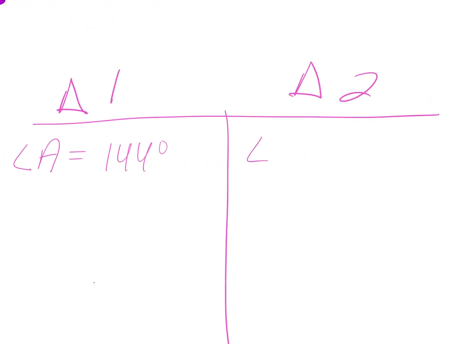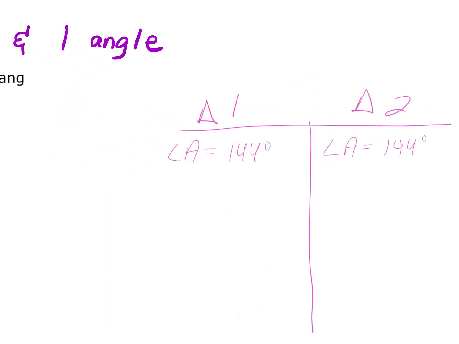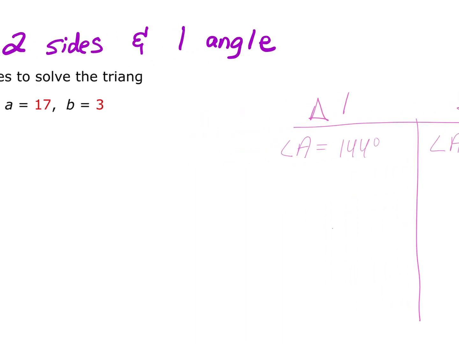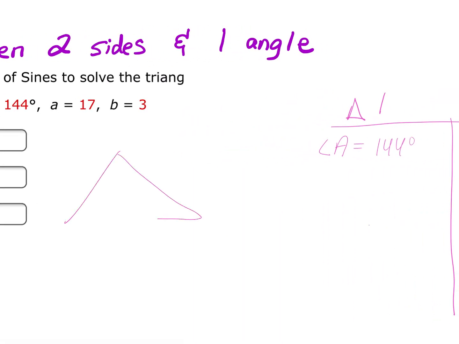If A is 144 in the first triangle, then A is going to be 144 in the second triangle. So now draw your picture to get a reference to everything. So here's A, B, and C. We said A was 144. So the side across from A is 17. The side across from B is 3.